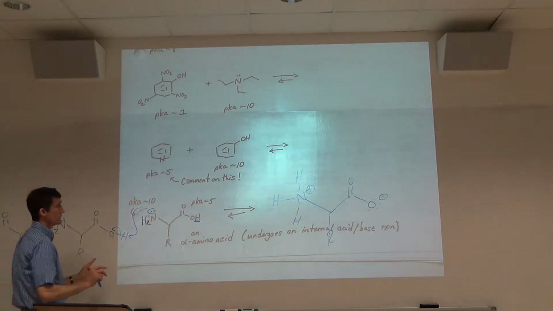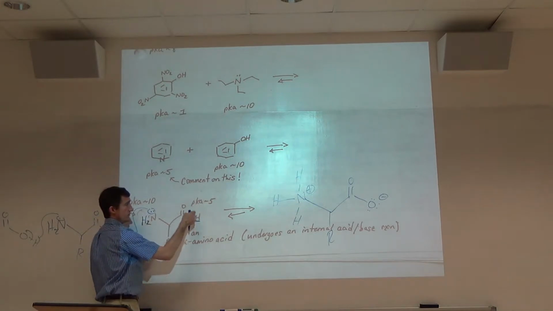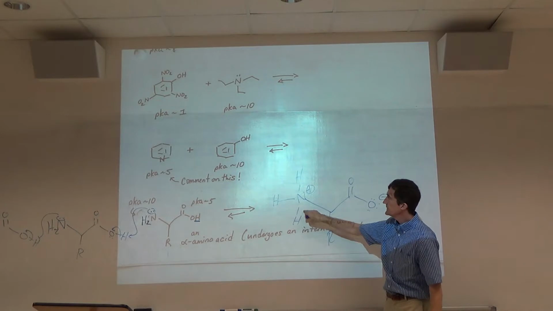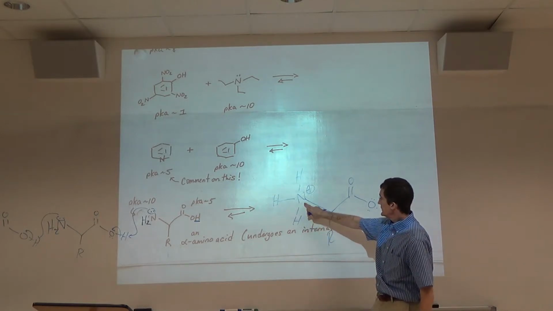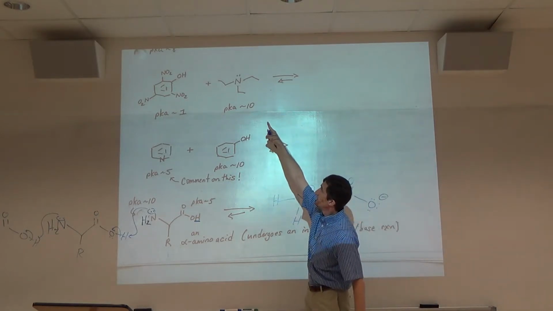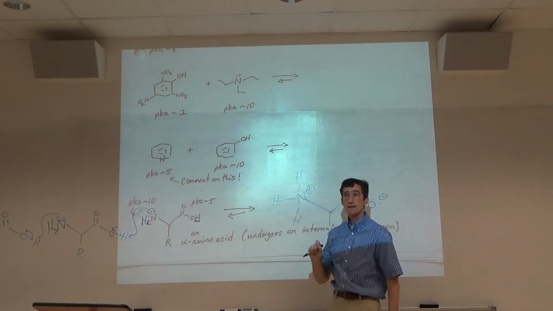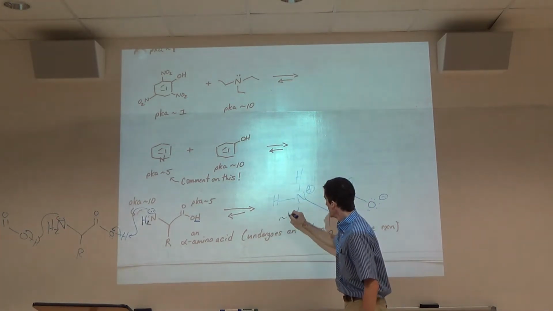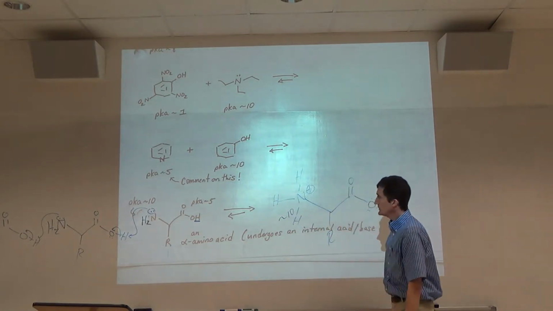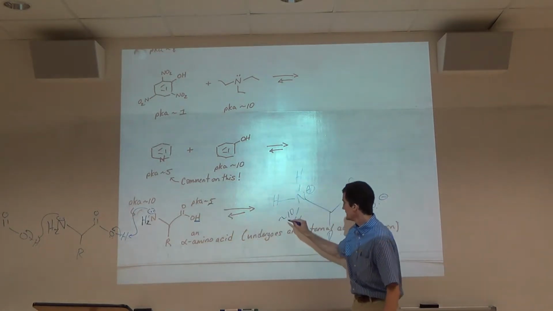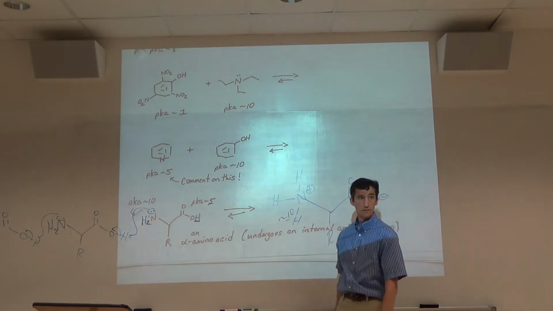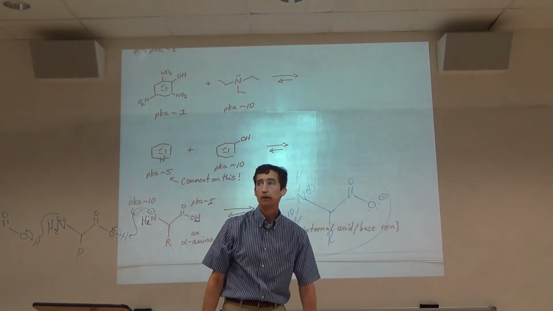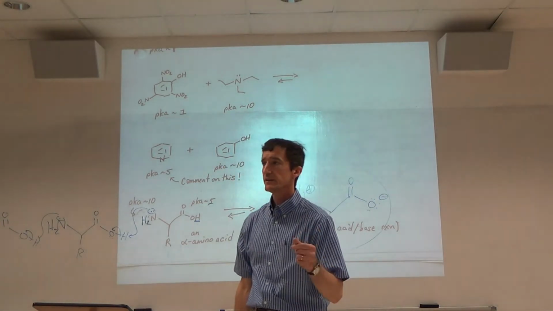Now which side's favored? Over here, this is the acid, it's 5. What's the pKa? This is the acid over here, what's its pKa? This is very similar to that guy. It's about 10. The pKa of an sp3 nitrogen is about 10. Okay? Which side's favored? 5 or 10? 10. You see, this is a favored side. And this is the take-home.